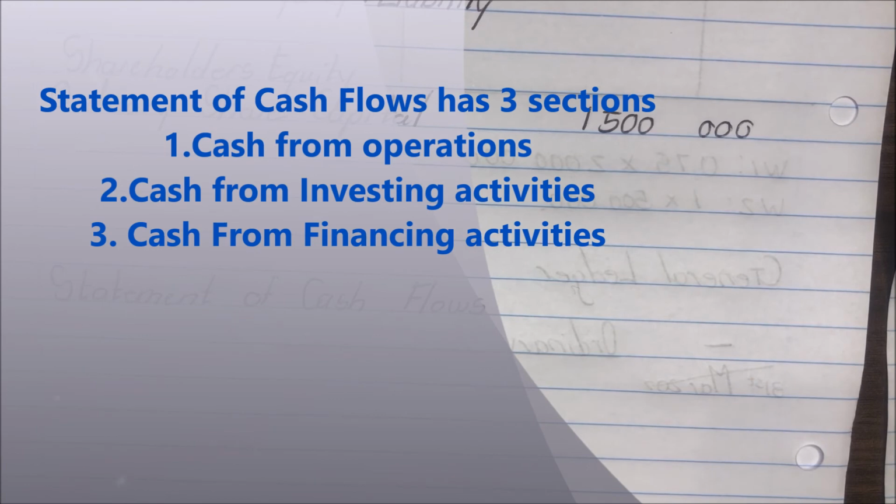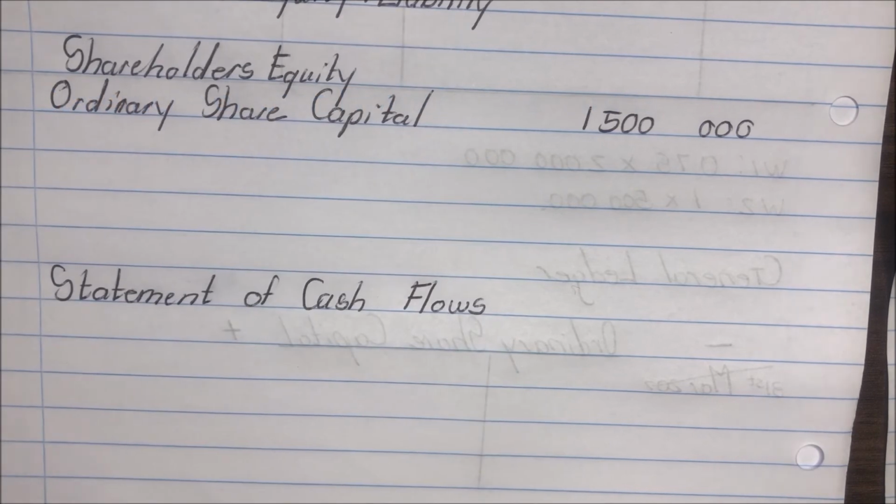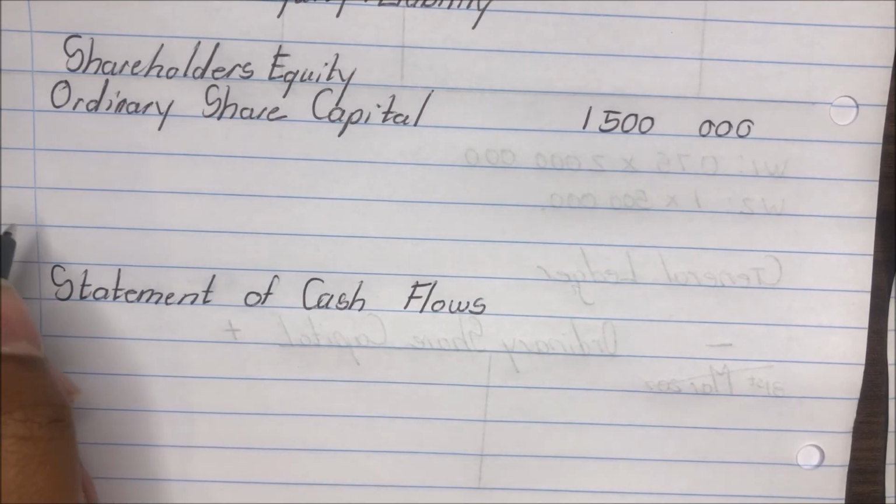In order for us to understand where in the cash flow statement this transaction will fit, we ask ourselves, was it cash received from operations? No, it was not. Was it cash received from investing activities? No, it was not. Was it cash received from financing activities? Yes, because we issued shares which form part of our ordinary share capital in order for us to finance the business.